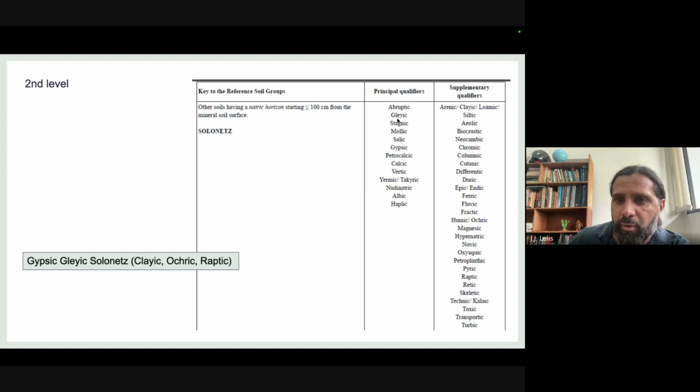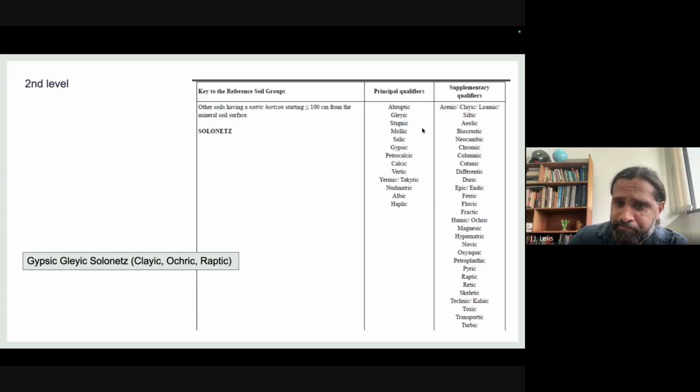So I go to the glevic, and it fits. It fits the glevic qualifier, so I add it. And then stagnic, mollic, salic, and gypsic. And when I find the gypsic, it also fits the gypsic qualifier. So I add both here. But you can see that the glevic qualifier is closer to the RSG. So the upper or the most important qualifiers, I always add closer to the name, closer to the RSG, okay?